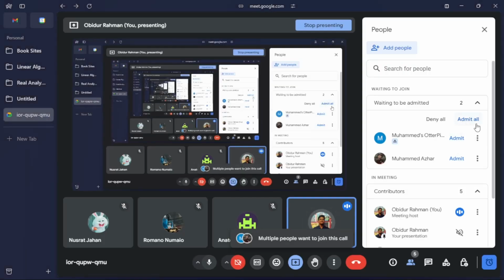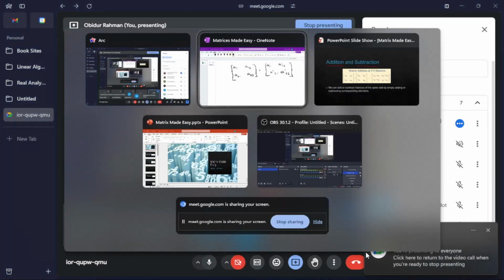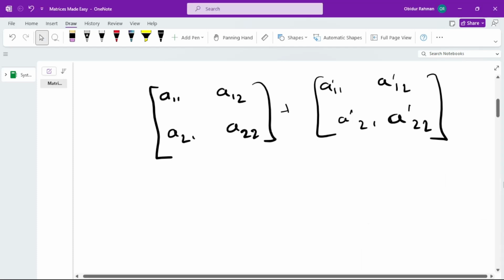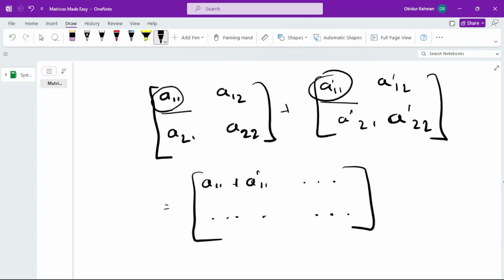So we are adding the same elements from the same positions. The addition of those two will be the addition of the same elements in the same position. A11 plus A prime 11, etc. And for subtraction, we do the same thing. Instead of writing the addition, we write subtraction.